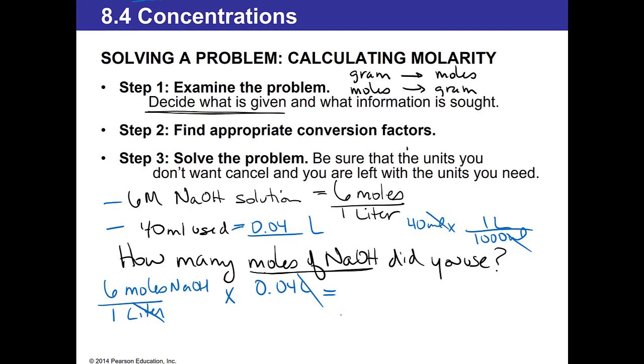You can't use milliliters and liters directly. You've got to do the conversion. But you can multiply concentration times the volume, and that will allow you to figure out how much of that solute you had. So 6 times 0.04 would be 0.24 moles of sodium hydroxide.